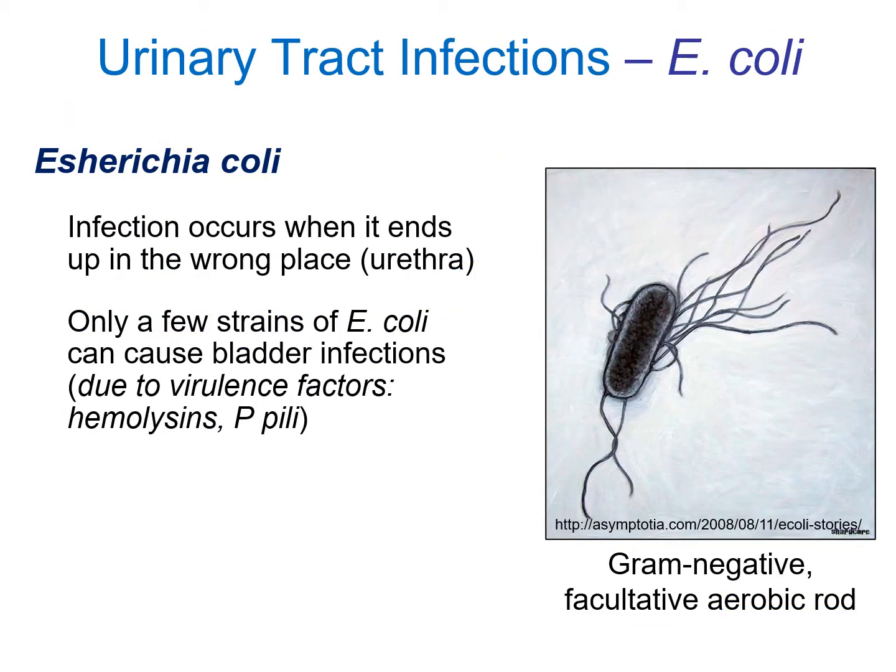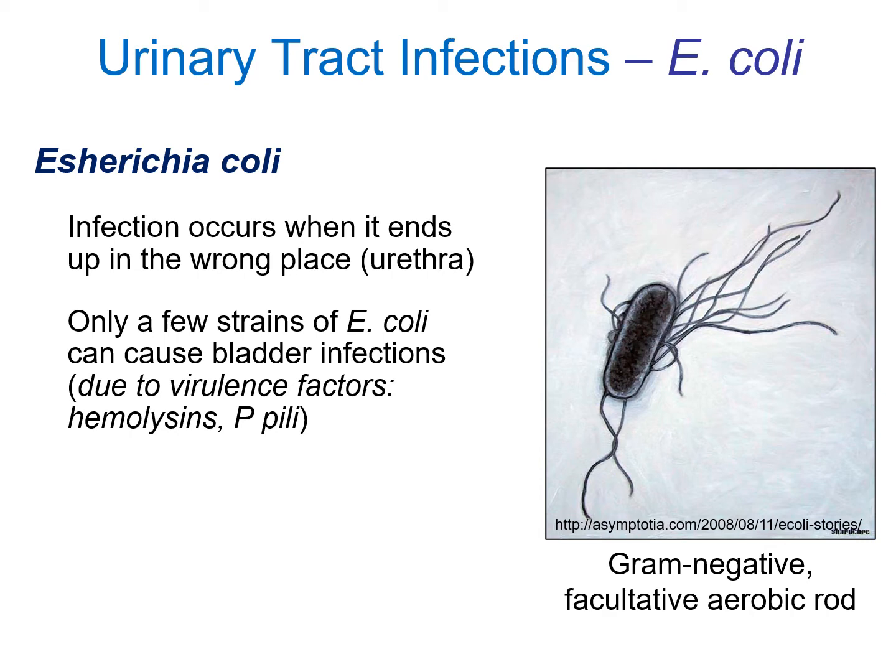The majority of E. coli in the intestine are not capable of causing bladder infections. However, there will be a few individuals, so we'll have populations of E. coli in your intestine that have some additional virulence factors that may make them problematic if they find their way to the bladder. Among these things, we have what are called P pili or P fimbriae.